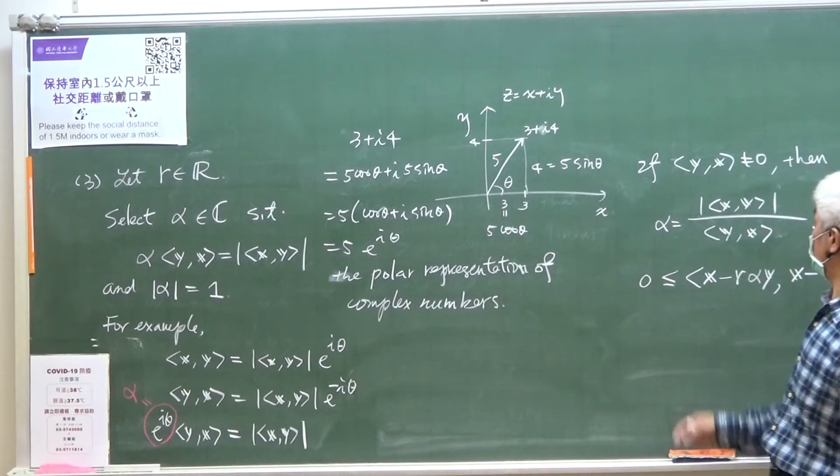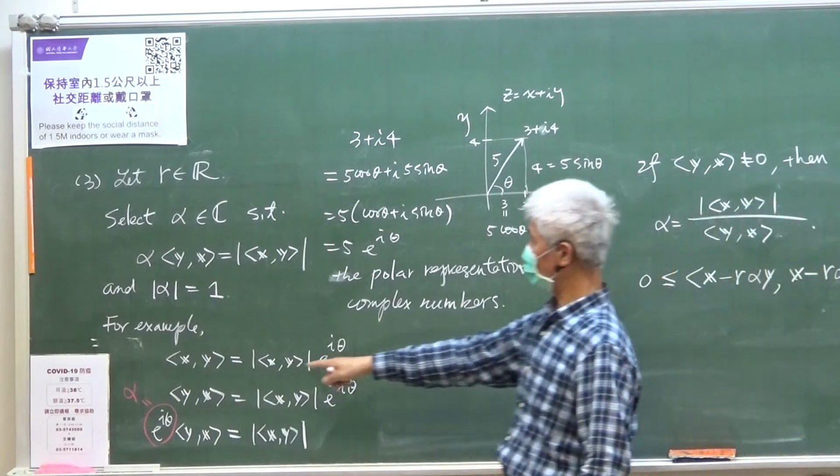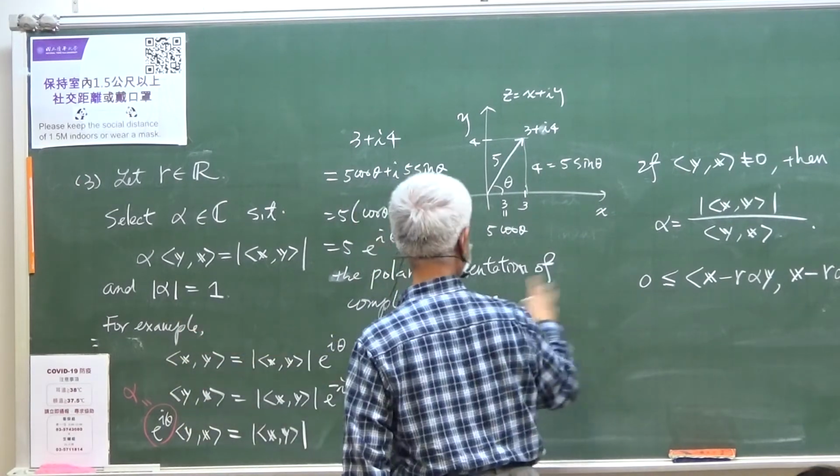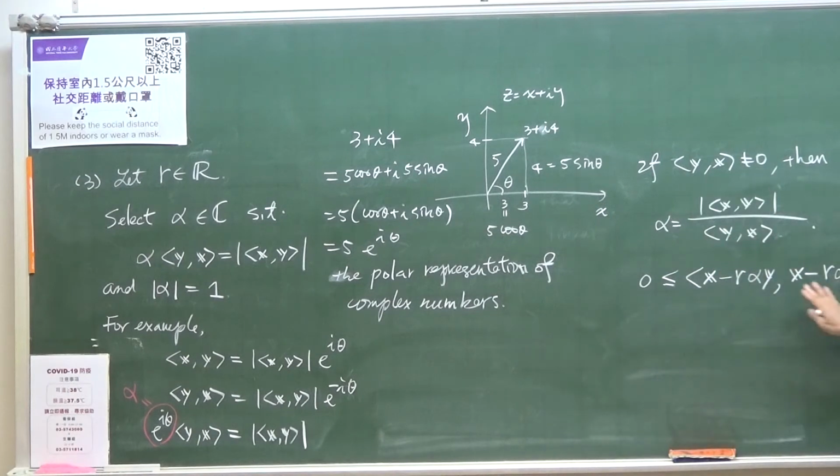Of course, if the inner product is 0, alpha can be chosen to be any phasor. But anyway, we consider this.